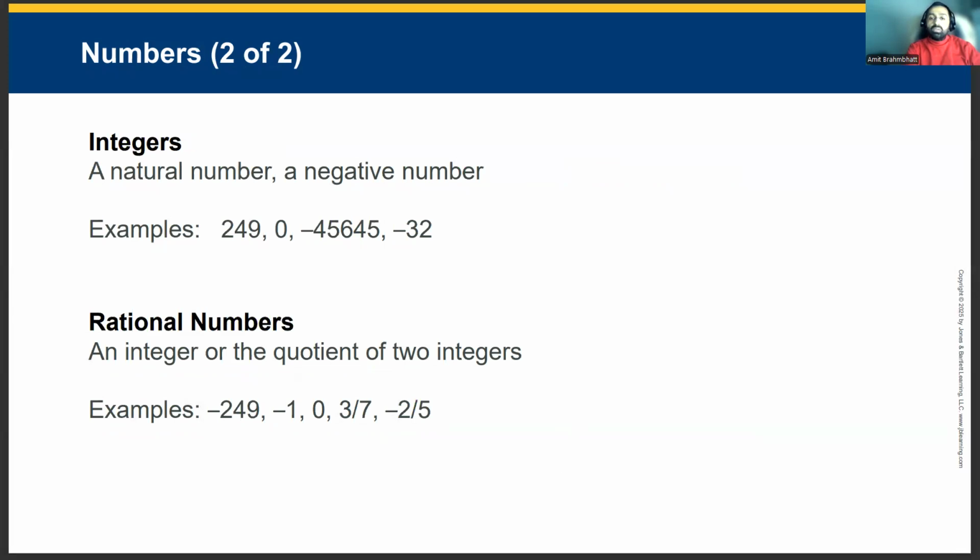Now, integers include all natural numbers, their negative counterparts, and 0. This set allows us to represent quantities both above and below 0 without using fractions. Rational numbers go a step further by including any number that can be expressed as a quotient of two integers, such as 3/7 or negative 2/5.